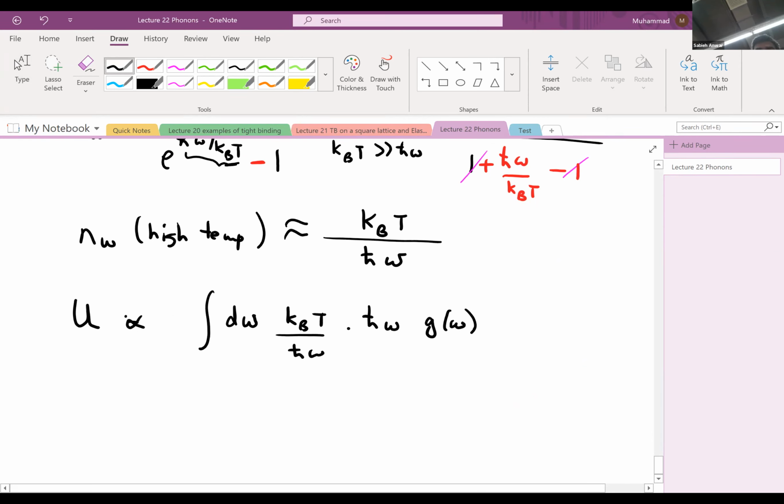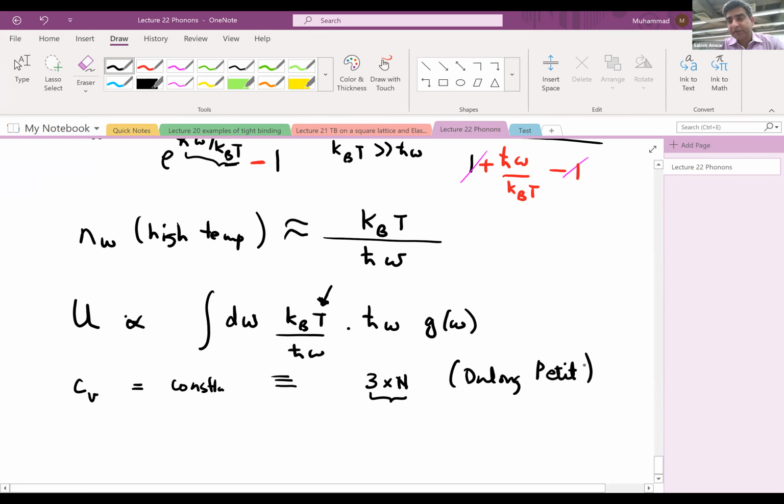This will give me the total energy of the system, and it's proportional to temperature. So at high temperature, the heat capacity is going to be some constant, equal to 3 times the number of atoms in the system. This is called the Dulong-Petit law. I'll have some homework problems for you in this respect.